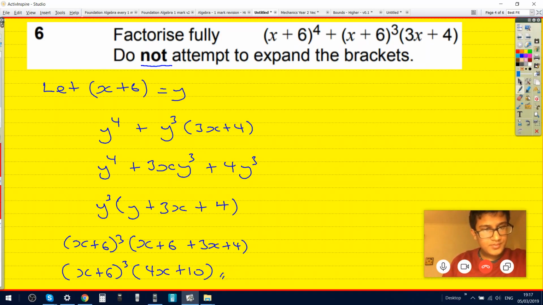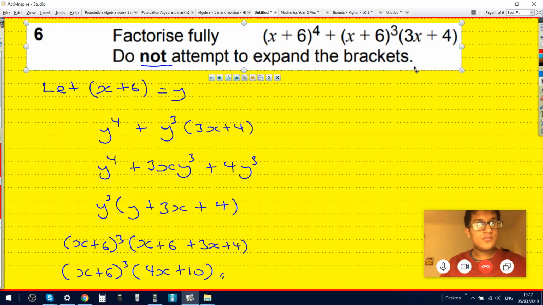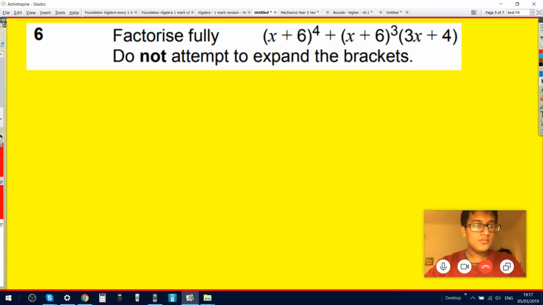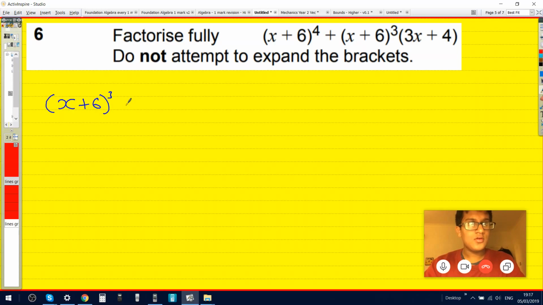And so I just want to do this once more without the little let trick. Now that we know the answer, what do they both have in common? The x plus 6 cubed. Yeah. And so factorize that. Okay, so x plus 6 cubed, you keep it out. So then you have x plus 6, and then plus x plus 1, and then x plus 4.